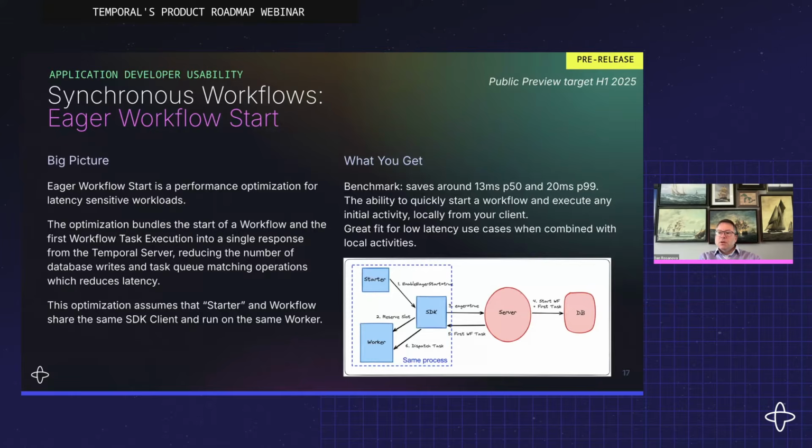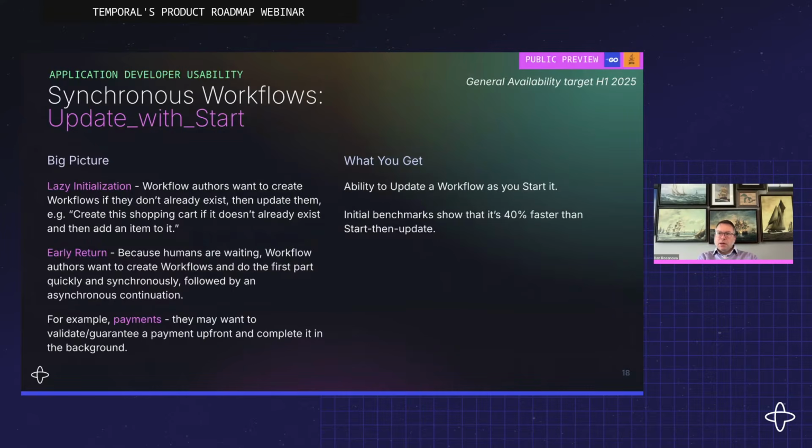It's going to reduce your latency. There are some assumptions it makes, so you do want to be aware of them. The starter and the workflow share the same client SDK. We're bundling, doing this optimization. You get to skip a persistent step. And this is cool because it means that you don't have to wait as long to get responses back from these things. So we're trying to make our model more applicable, not just with this, but also with its friend, the next one, which is update with start, which is more of a lazy initialization.